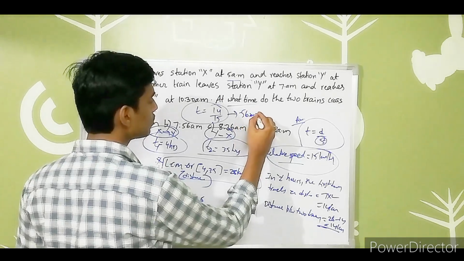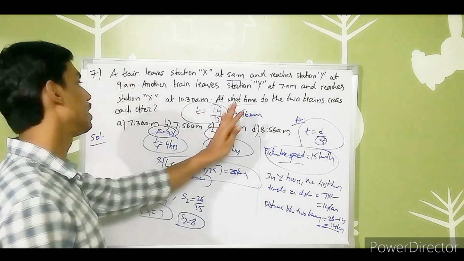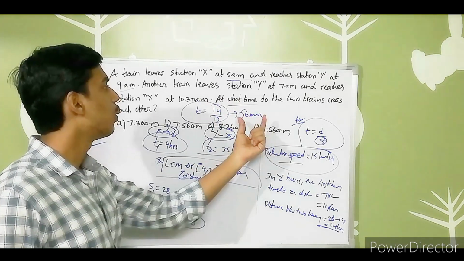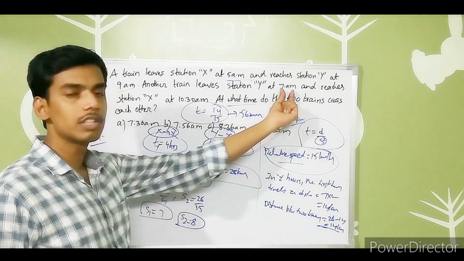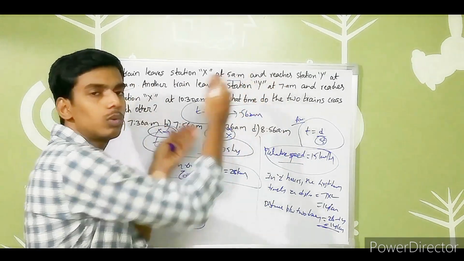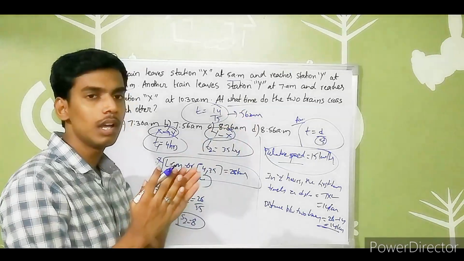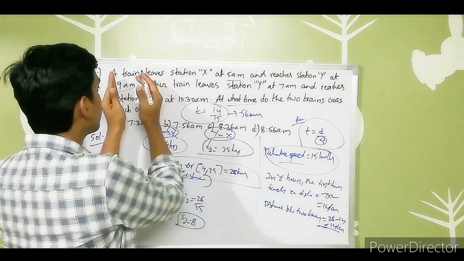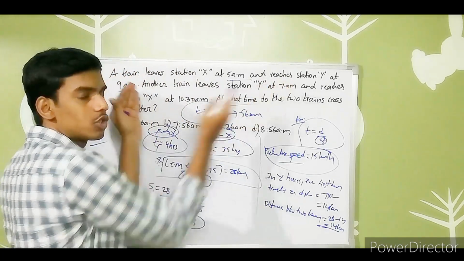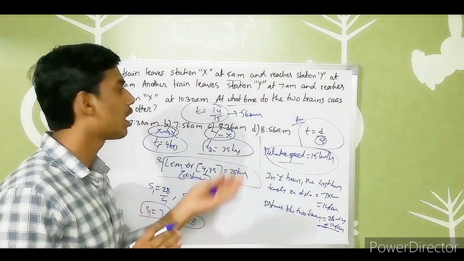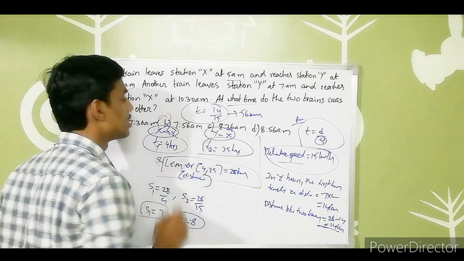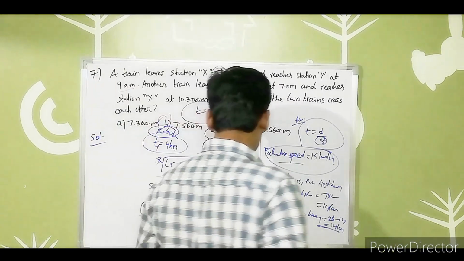Since the second train starts at 7 am, we add this time to 7, so we get 7:56. That's very important.